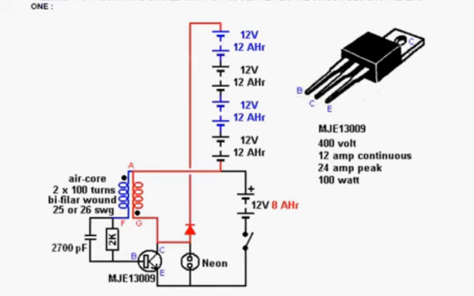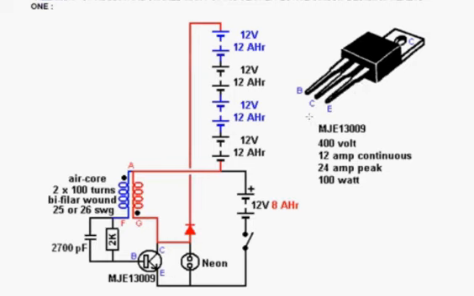And the heatsink flap is also connected to the collector. Now this is an extremely powerful transistor. It can handle 400 volts. It can handle a continuous current of 12 amps. It can handle 24 amps if you're going to pulse it. And it can dissipate 100 watts. So it's an extremely potent transistor.